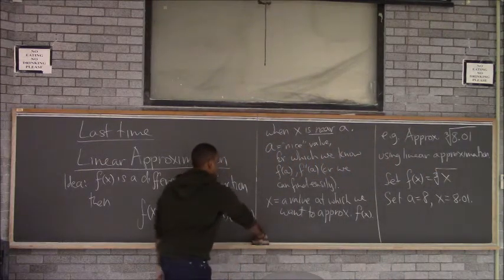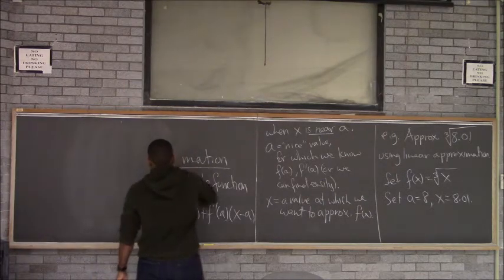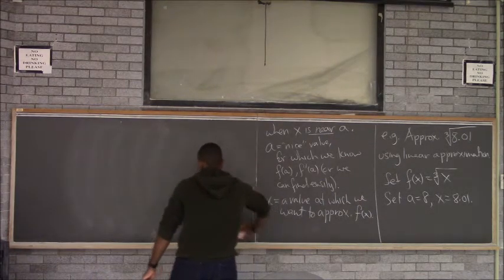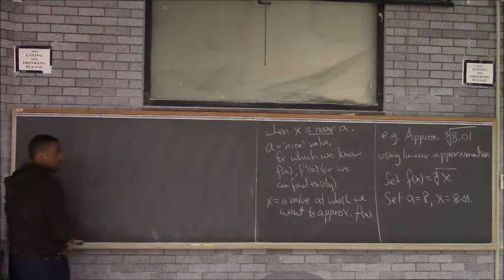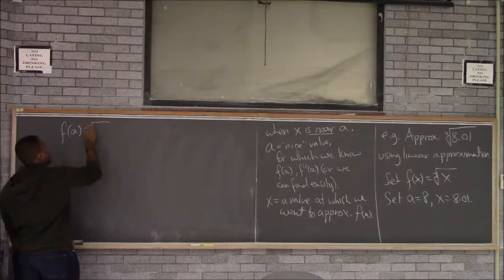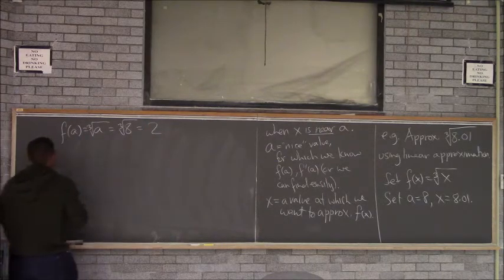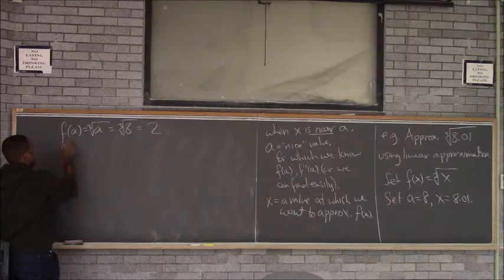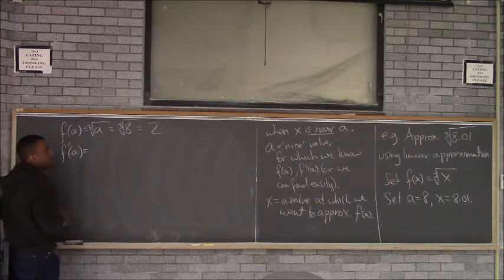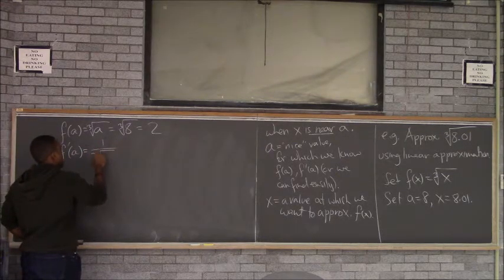So f of a equals the cube root of 8, which is 2. And f prime of a will be equal to 1 over 3 times the cube root of 8 squared.